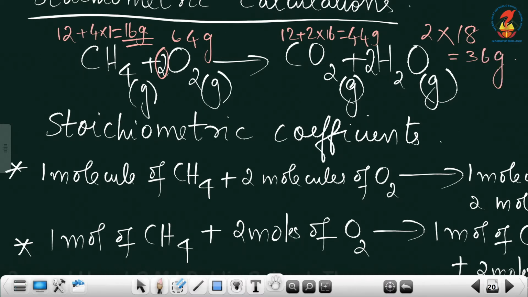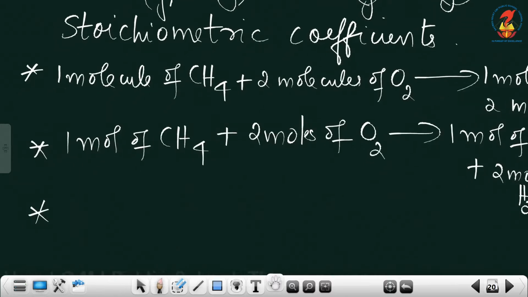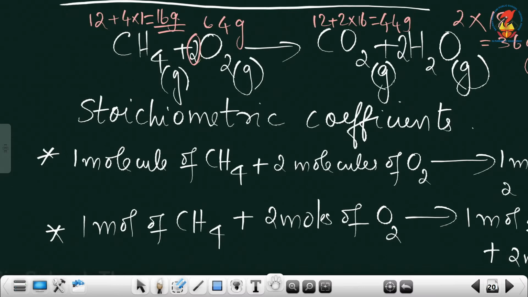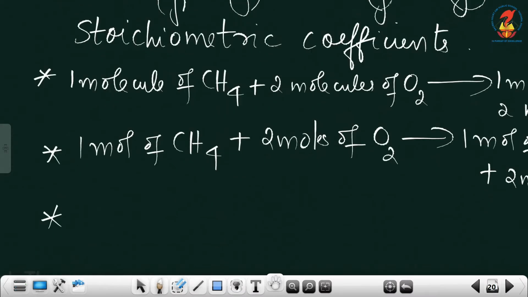So in terms of mass, I can write: methane, molecular mass is 16 gram.